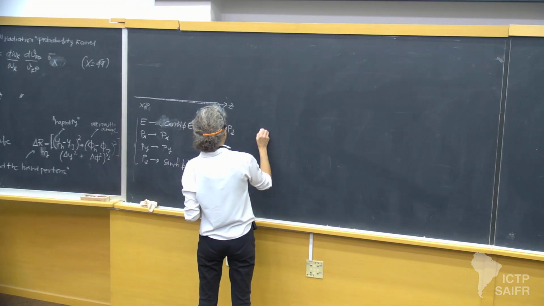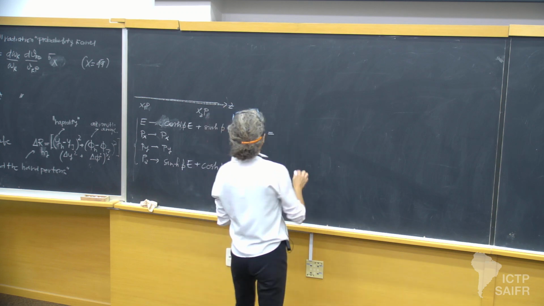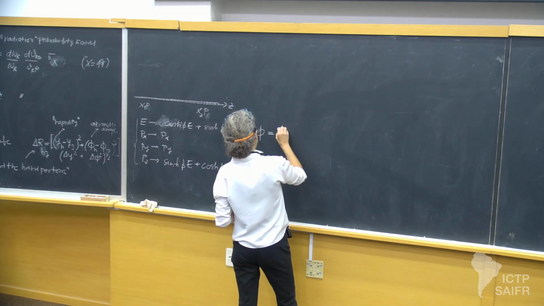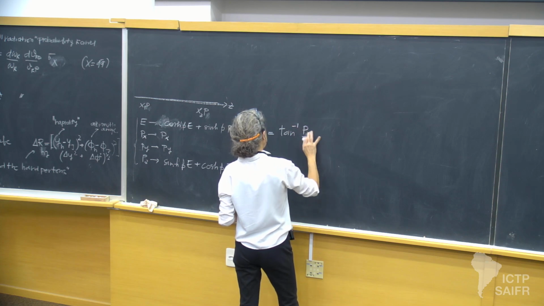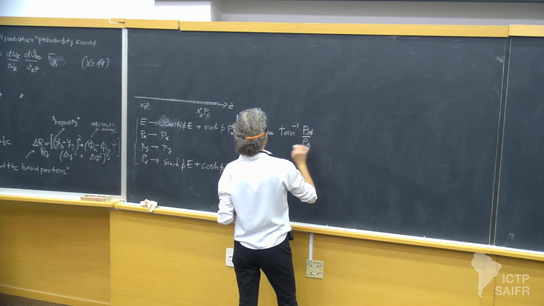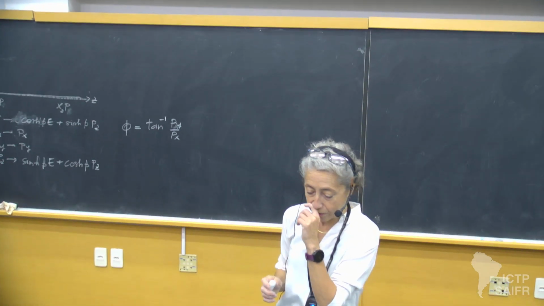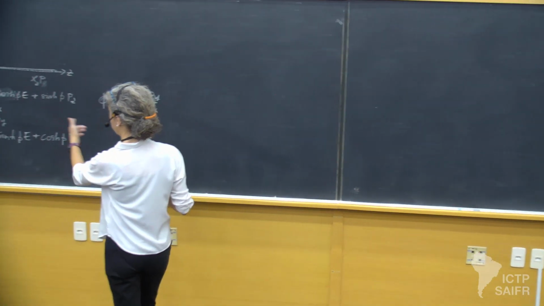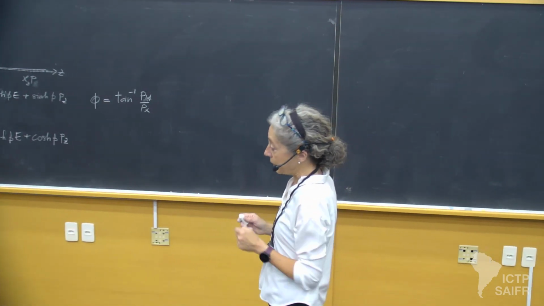So you immediately see that phi, the azimuthal angle, that you obtain as the inverse tangent of P sub y over P sub x, is invariant, right? Because P sub x and P sub y do not transform as we saw there. Now we need to define what the rapidity is.